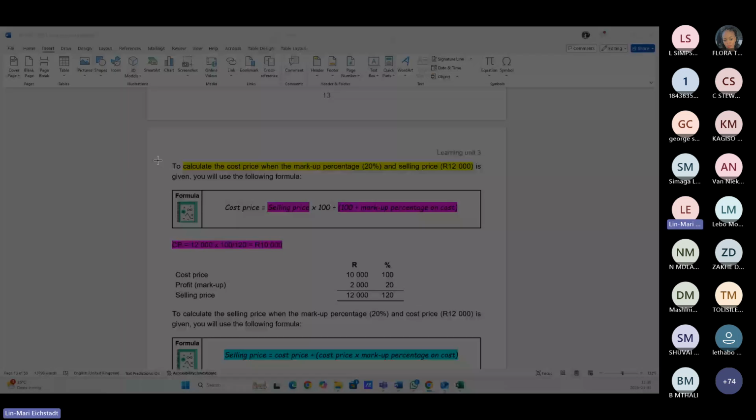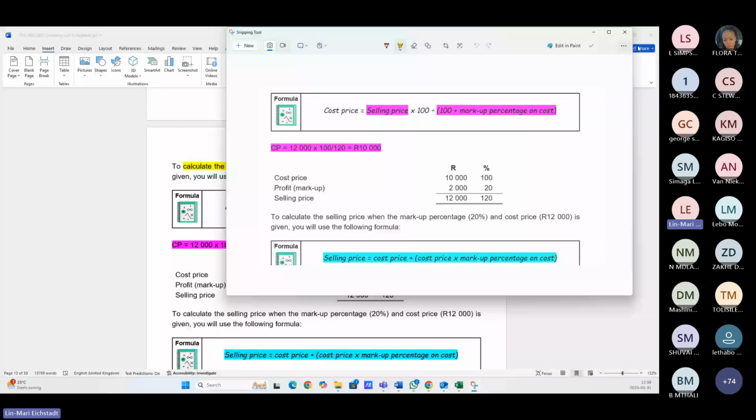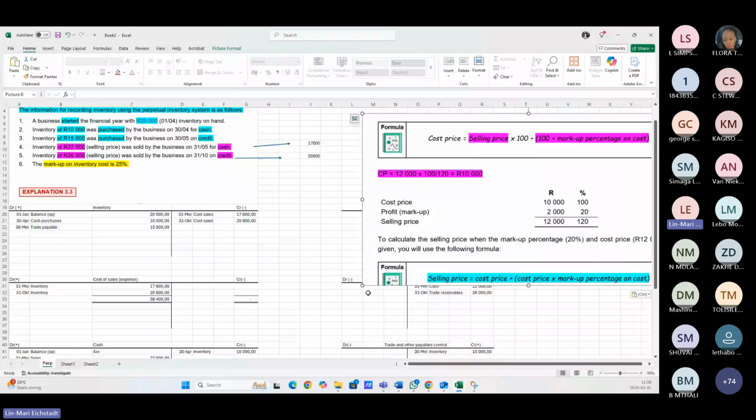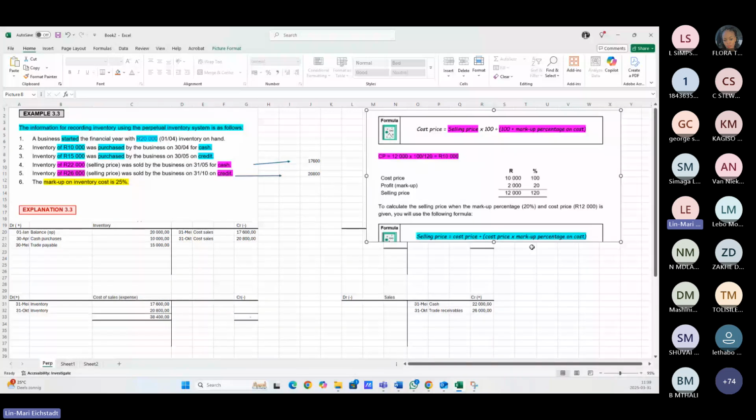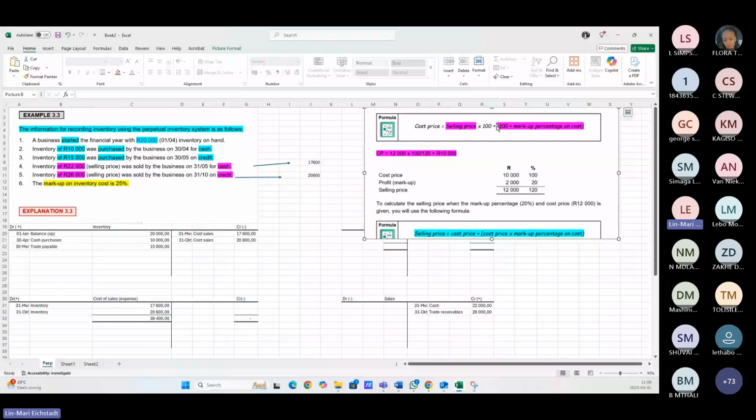These are normal equations. If you've got an unknown, then you have to look at where that comes from. If we look at these two equations, we can see that cost price equals selling price times 100, which is normally our cost price percentage, divided by 100 plus our markup percentage. So in this example, they told us that our markup percentage is 25%.